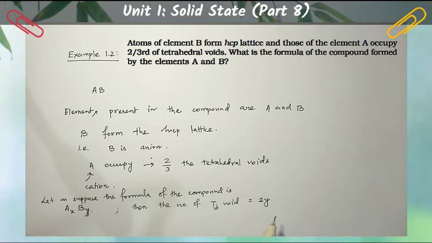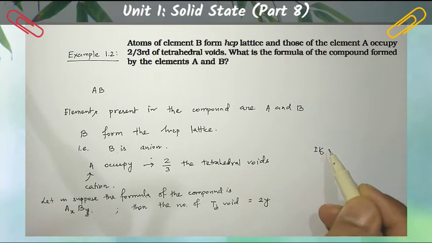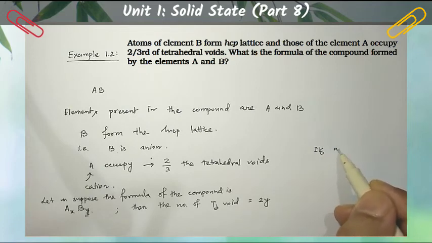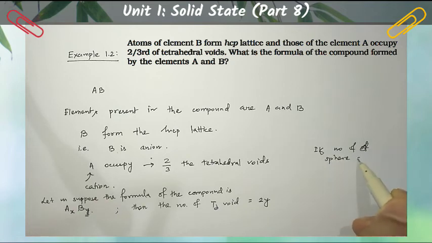Also from the previous concept, we know that if the number of spheres is equal to n, then the number of tetrahedral voids is twice n, and the number of octahedral voids is n. So here, the number of anions is y, then the number of spheres is y, and the tetrahedral voids will be twice y.